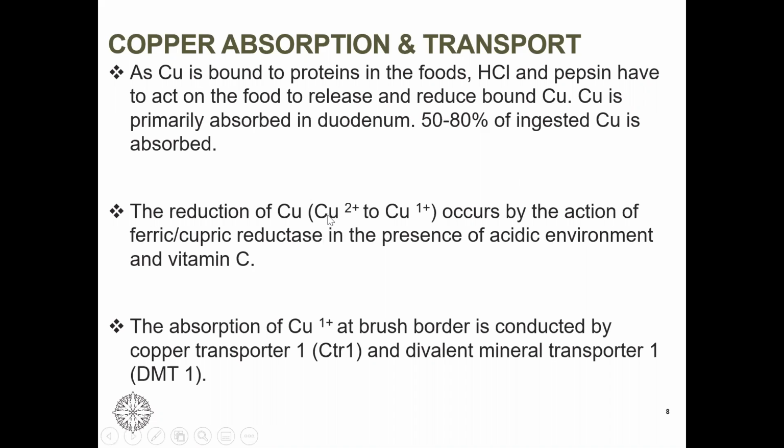The body has to convert it to the cuprous form, because that's what the body likes to absorb. For that, we have this enzyme, cupric reductase, and you can see that it's written ferric also. So what does that tell us?